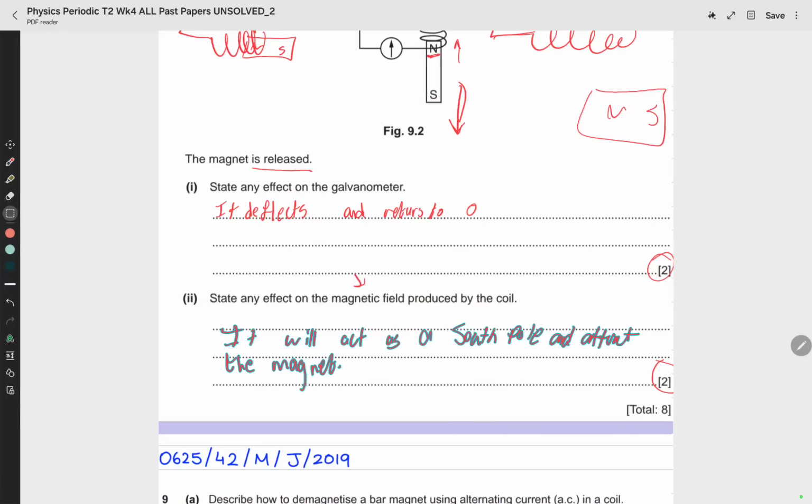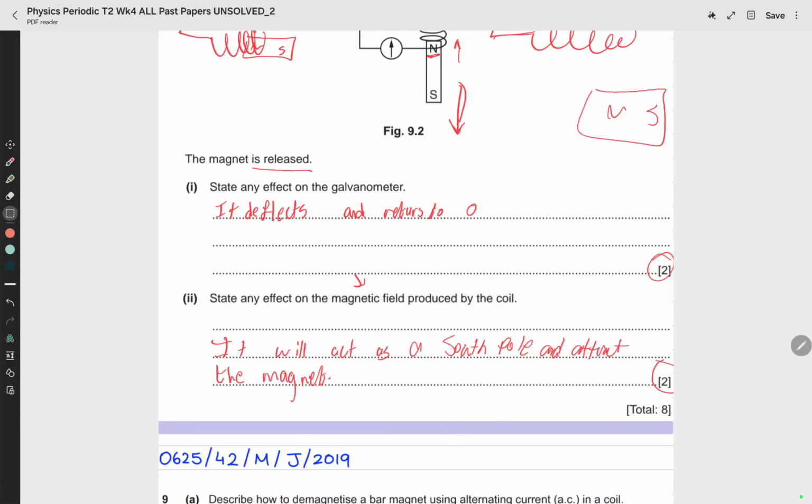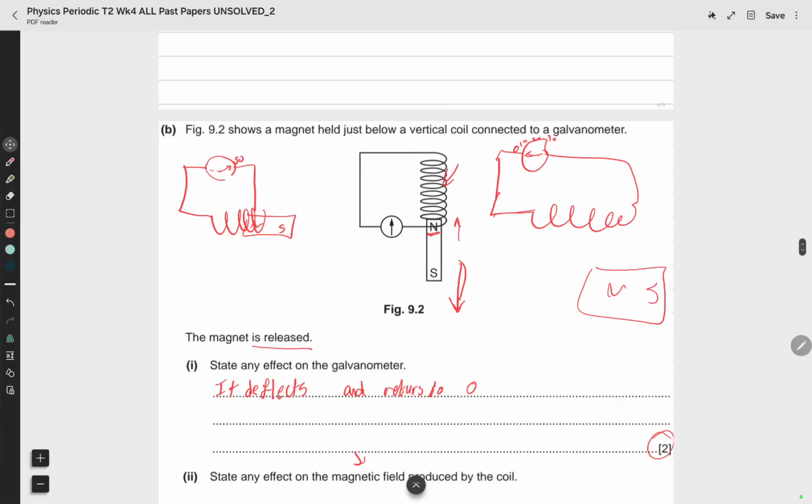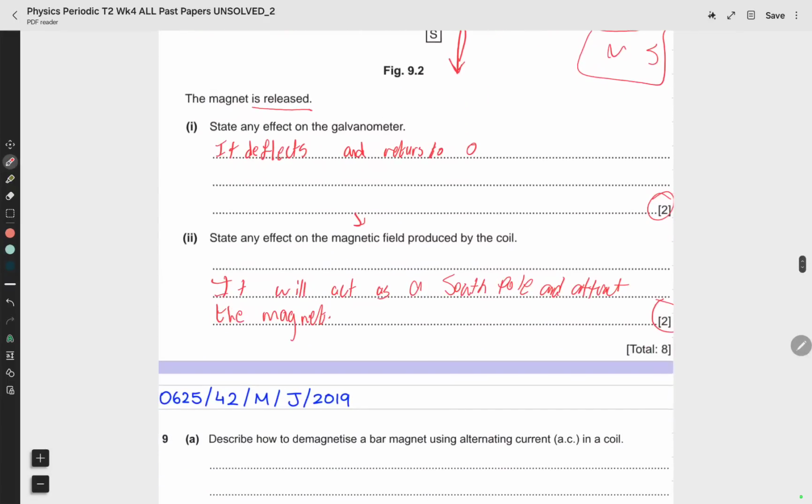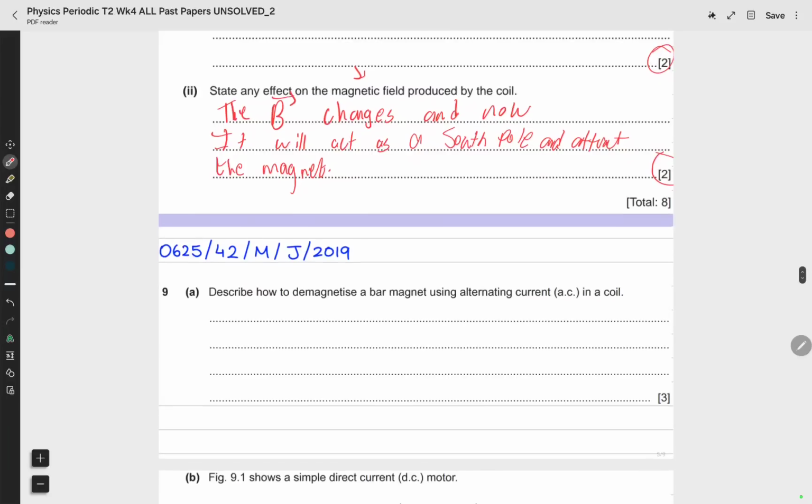Why is it changing? Because when it was inside, it was repelling, but now when it's falling down, it's changing. So you can say the magnetic field, I'm just going to say B, the magnetic field changes, and now it will act as a south pole and attract the magnet.